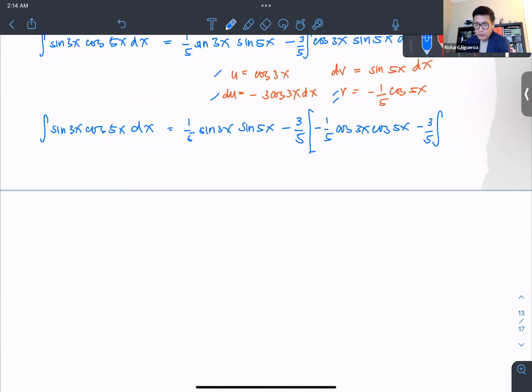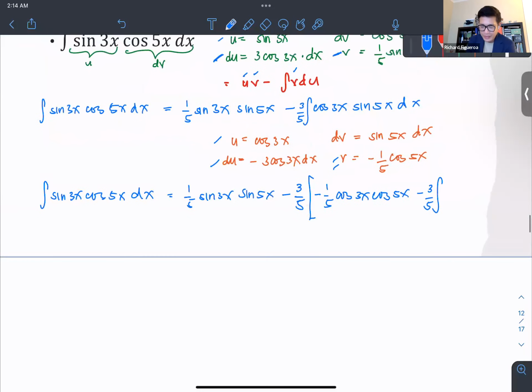However, we still have the negative there because that's the formula. The v du is the negative and negative, so that makes it positive, and positive times the negative would still be negative 3/5.